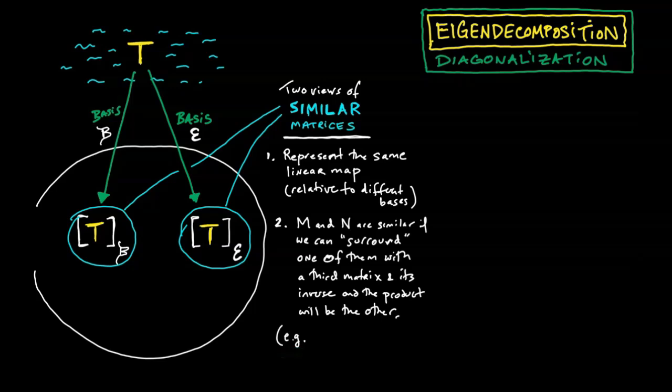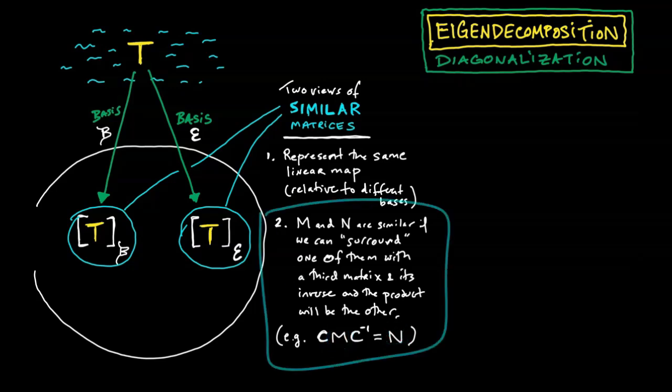So for example, if we start with the matrix M, and surround it by some other matrix and its inverse, I mean that we could hit M on the left, say with some matrix C, and on the right with the inverse of that matrix, C inverse, and if that product turns out to be equal to N, then that would mean that matrices M and N are similar, according to this algebraic condition.